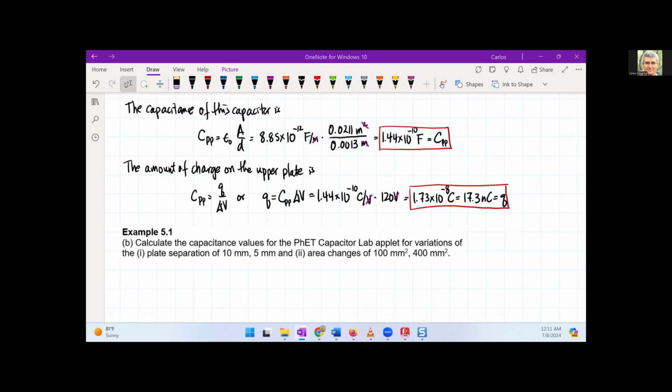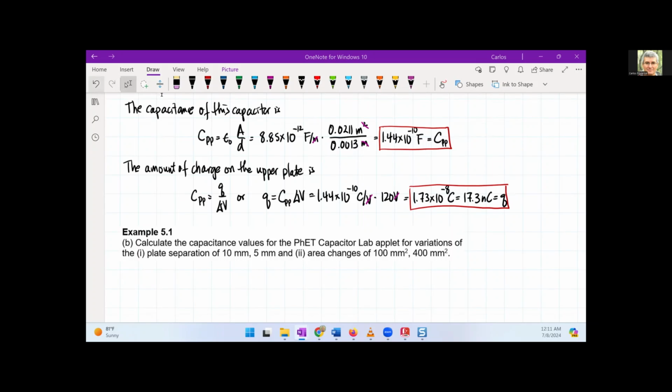Let's read this. We want to calculate the capacitance for the applet. We're going to vary the plate separation between 10 millimeters and 5 millimeters and see how the capacitance compares. Then we want to change the area from 100 millimeters squared to 400 millimeters squared.